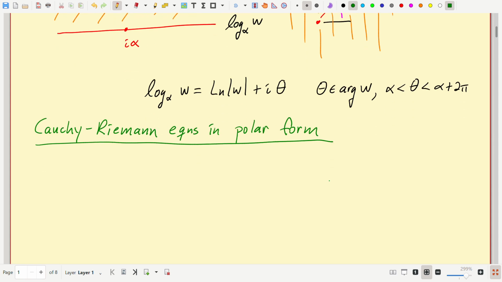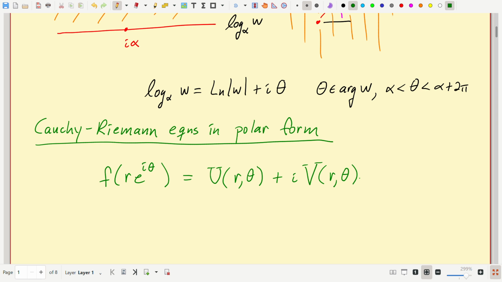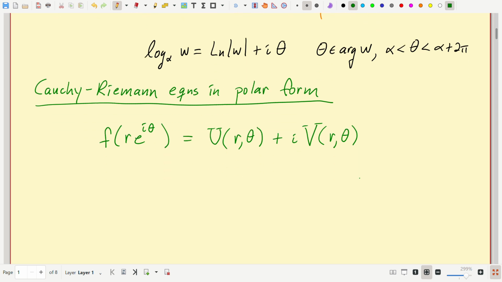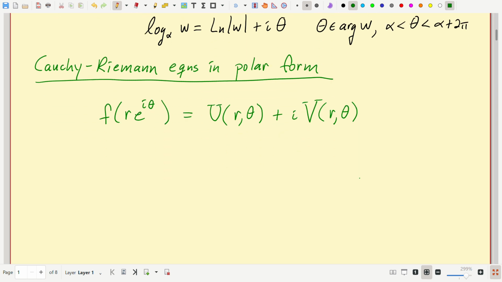So in polar form, you would write f of r e to the i theta in a polar rectangle as equal to U plus iV. I'll use capital U's and V's for my polar coordinates. That would be the notation in polar form. And then the Cauchy-Riemann equations, kind of like red box number 1 and red box number 2.